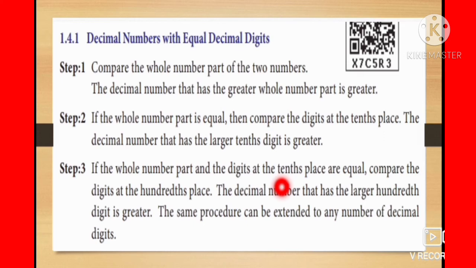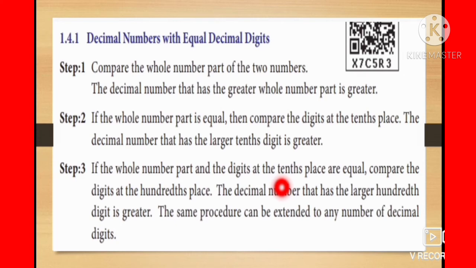So in this case, we have to compare the 100th place digit, that is in the first decimal number 8.36 it is 6, and the 100th place in the second decimal number is 9. So compare these numbers 6 and 9. So which is greater? Yes, that is 9.